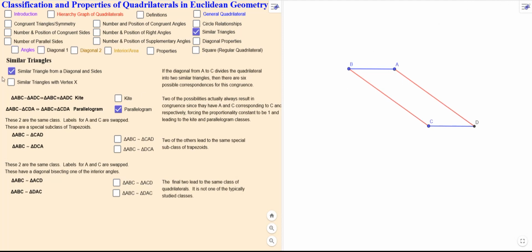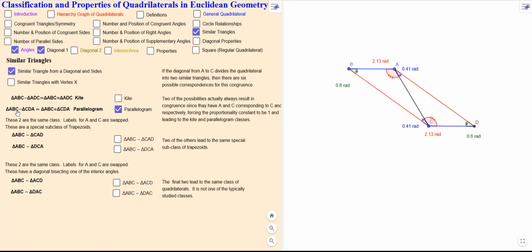Okay, so here we have the figure. There's the diagonal, there are the angles. If we're assuming that we have similar triangles, all the marked angles have to be congruent. The red ones with the 3 marks have to be congruent and so forth. Well, again, AC is going to correspond to CA the way we're doing this. ABC is similar to CDA.